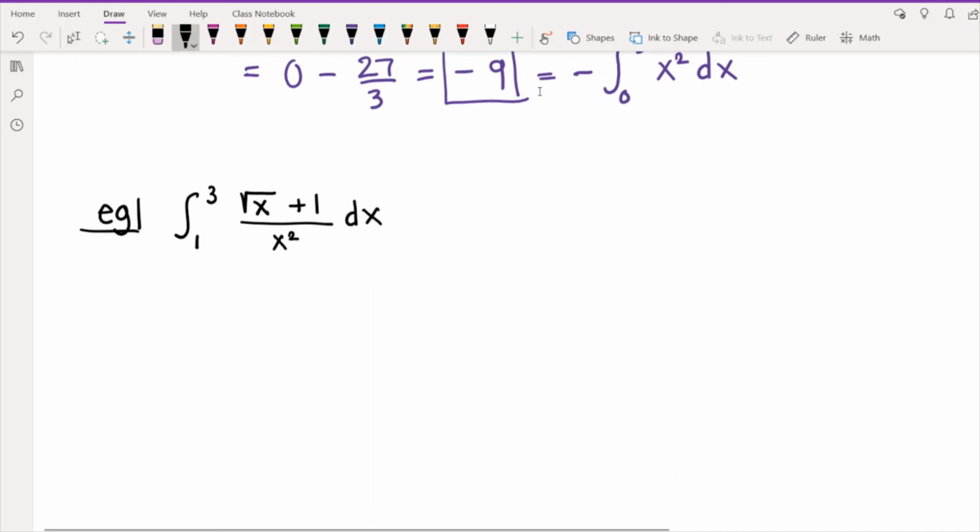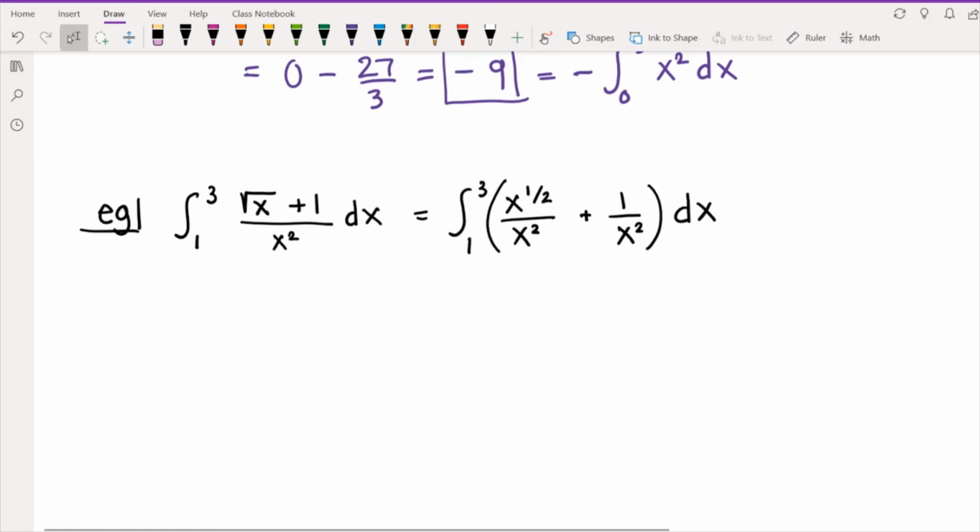So we want to rewrite this as the integral from 1 to 3 of, let's split this into 2 fractions, x to the 1/2 over x squared plus 1 over x squared. Why is that useful?